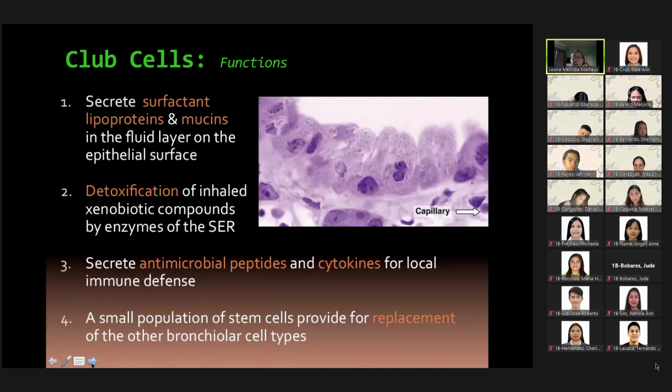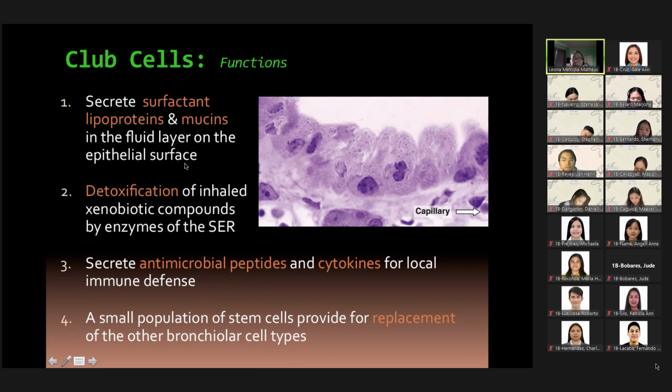Now, let us briefly consider your club cells. What are they for? Why are they mentioned? Club cells secrete the lipoproteins and mucins of surfactant, specifically in the fluid layer of the epithelium.